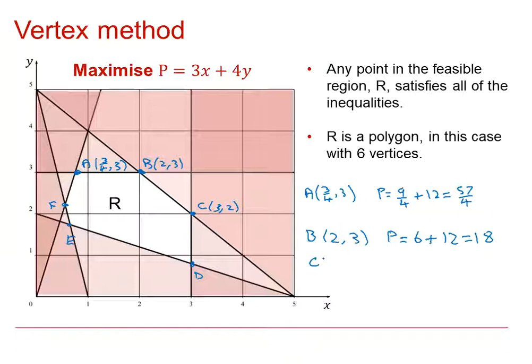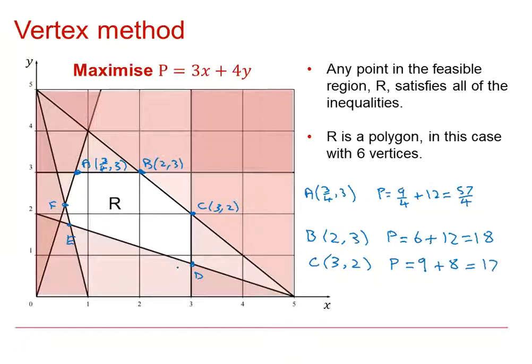And C is the point (3, 2). So P at that point is 3 times the x coordinate, so 3 3s are 9, and 4 times the y coordinate, so 2 4s are 8, which gives me 17.